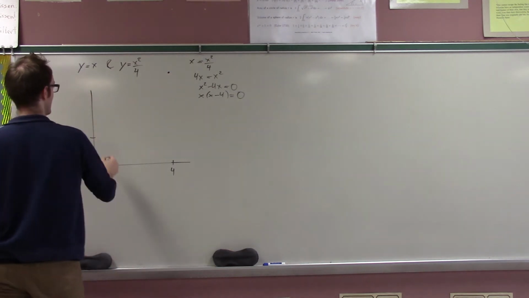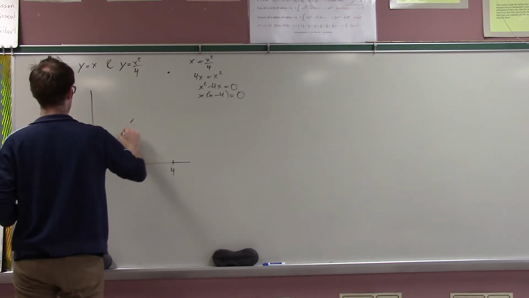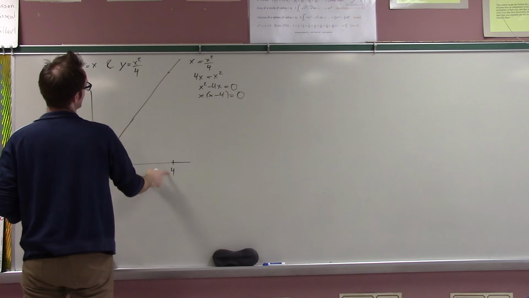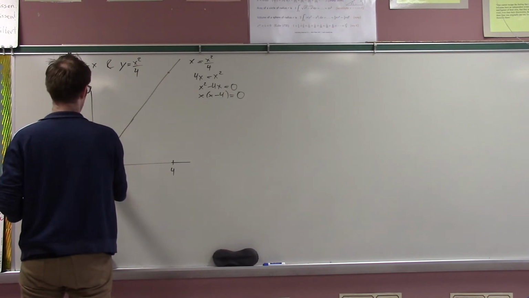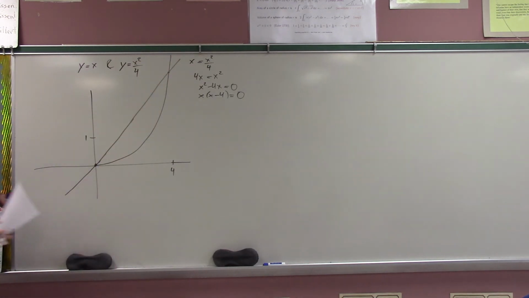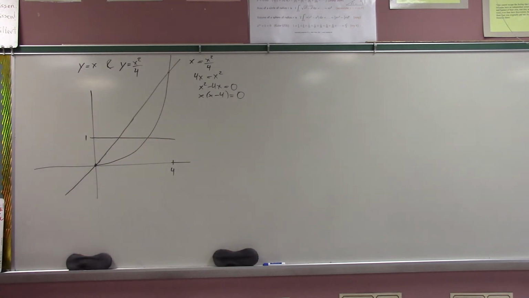So I think what I have is, the line y equals x looks like this. Then the parabola looks kind of like, when I get to 4, it's like 4. Oh, we need to, okay. But only underneath the line y equals 1.